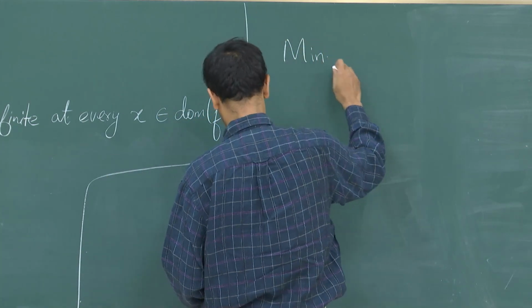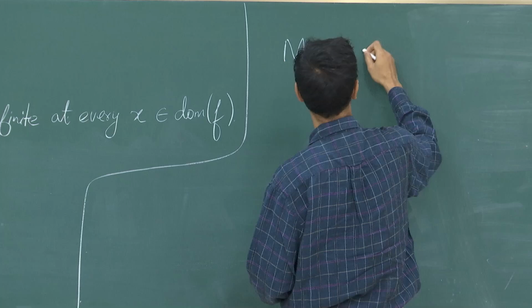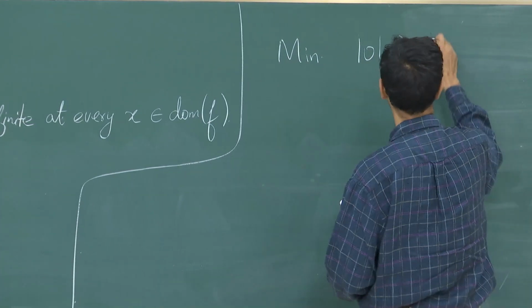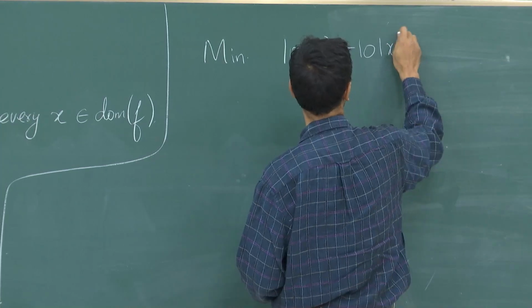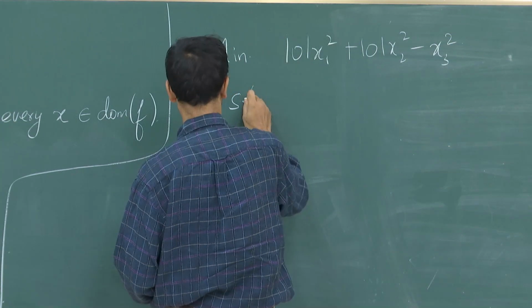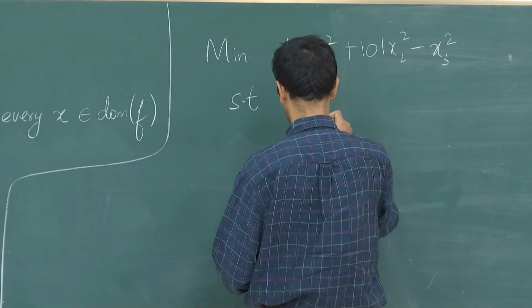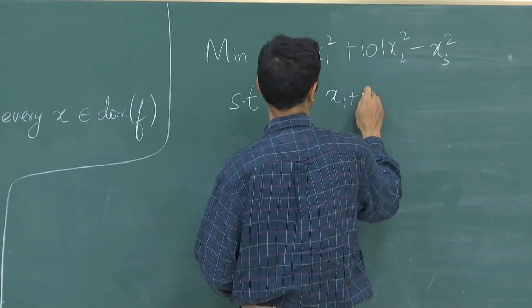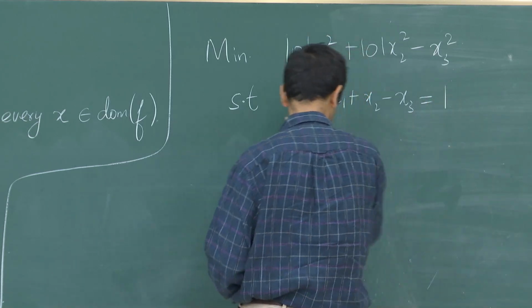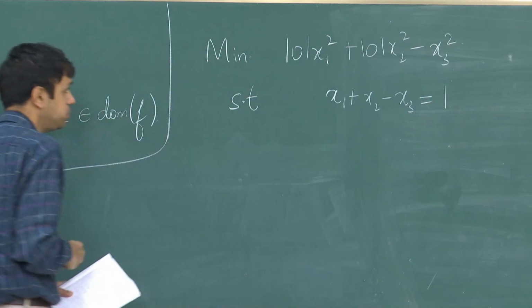Minimize 101 x1 square plus 101 x2 square minus x3 square, subject to x1 plus x2 minus x3 equal to 1, okay.